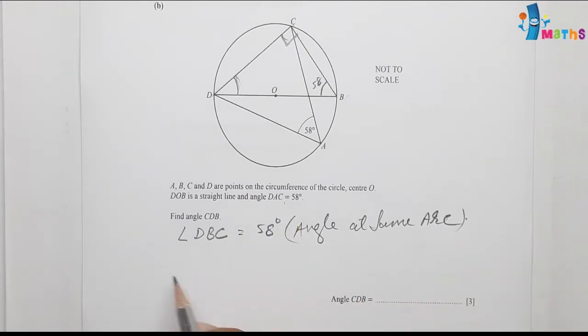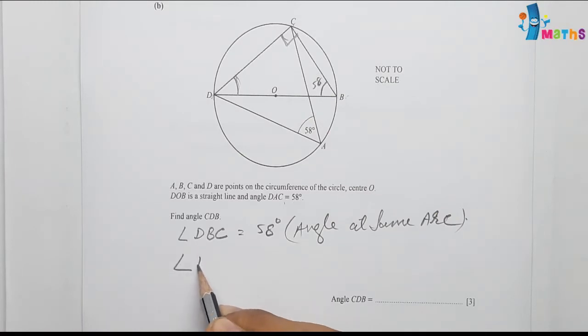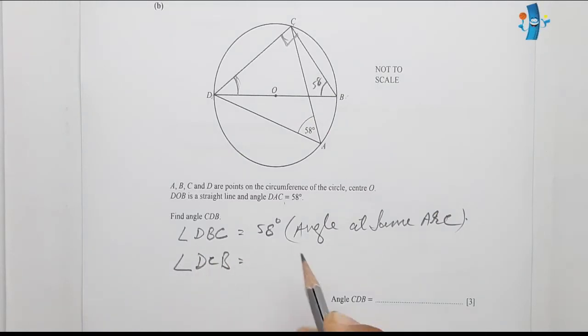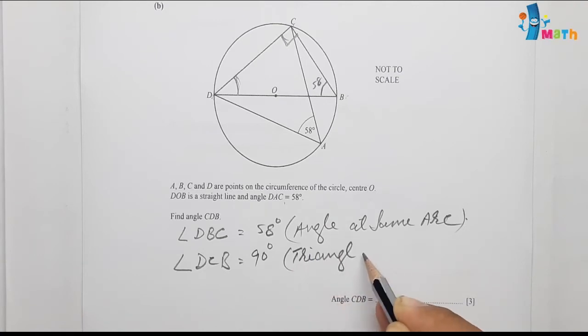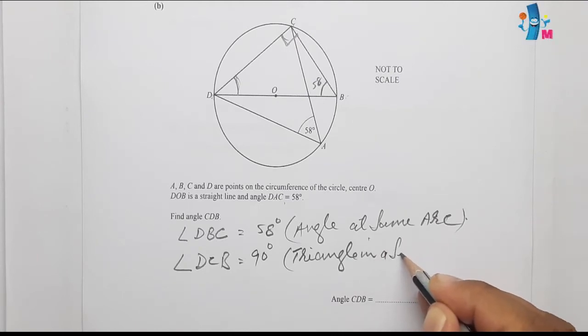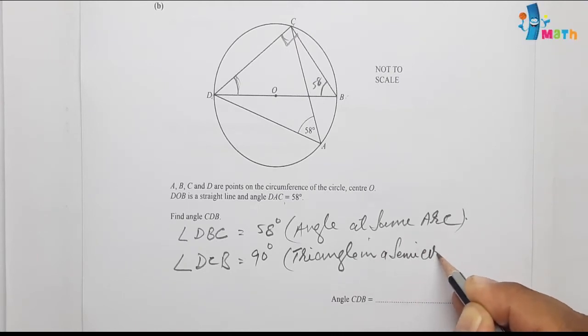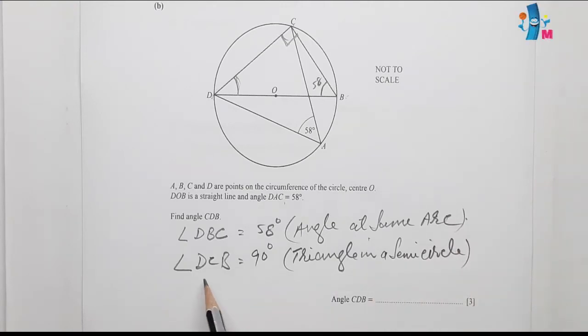So we can put in brackets, and then we'll have to write this one, angle DCB is equal to 90 degrees. The reason is triangle in a semicircle is always a right angle, basically, right?